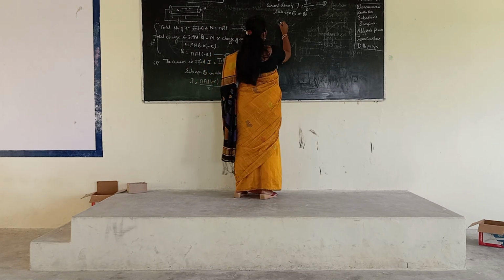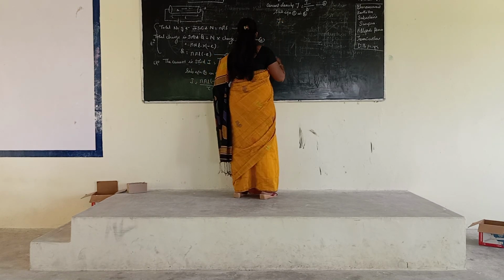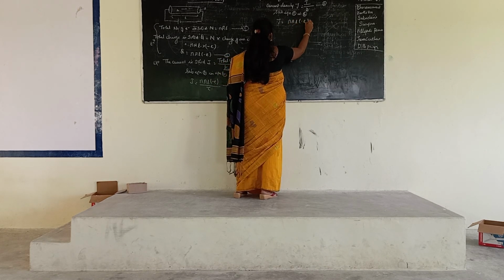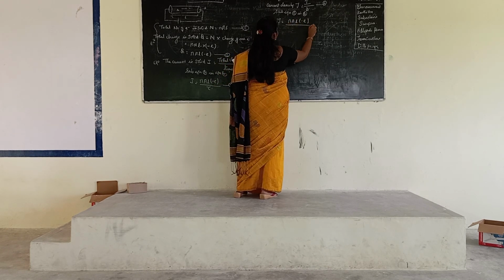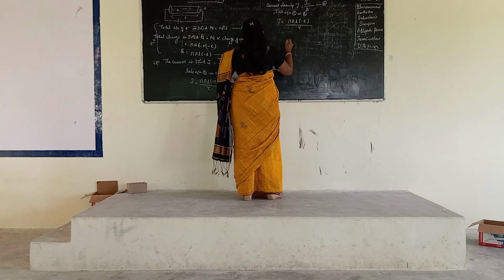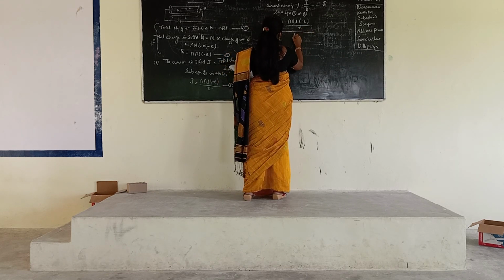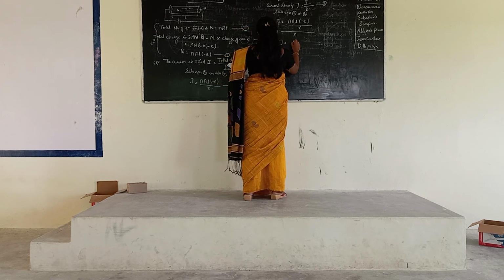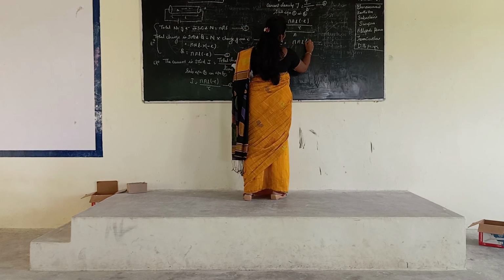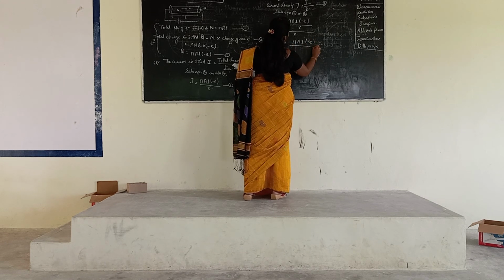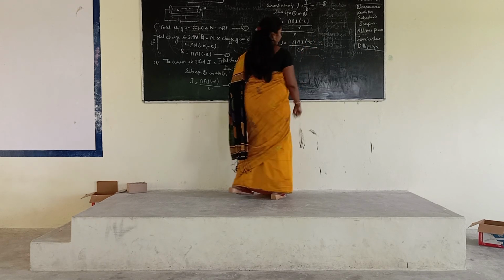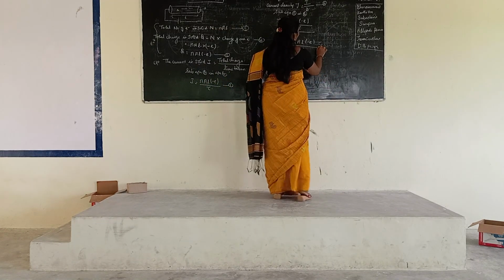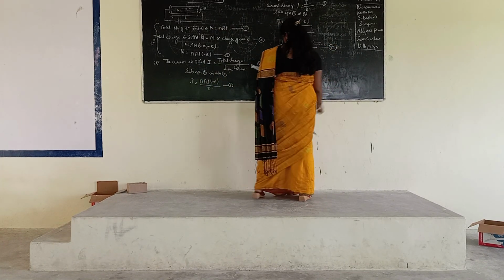So what do you get here? J is equal to N A L into E divided by T, and then divided by A. So J is equal to N A L into E divided by T and A. Understood? So this one is the seventh equation.